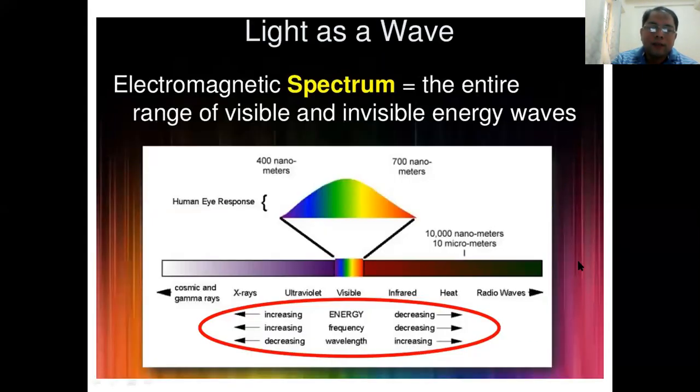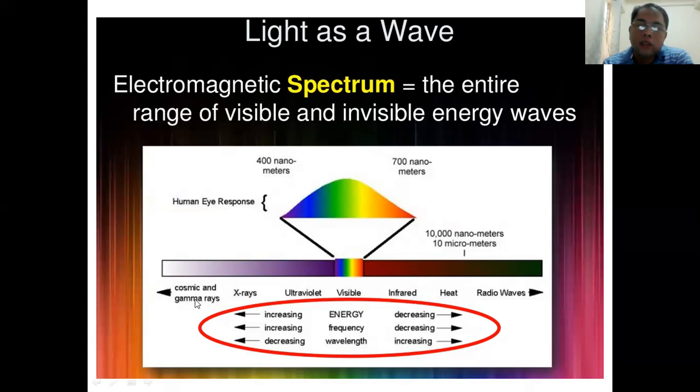Now here is the range of frequency or the range of wavelength. We call it the electromagnetic spectrum because there are a lot more. The one in the middle, the one with colors, is known as the visible light. This is part of the electromagnetic wave, which has so many spectrums.